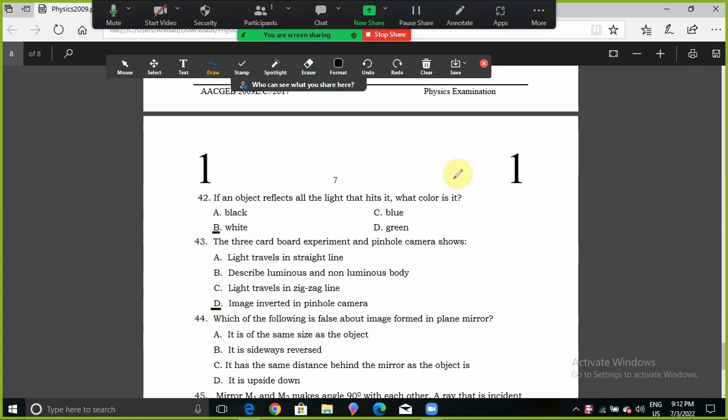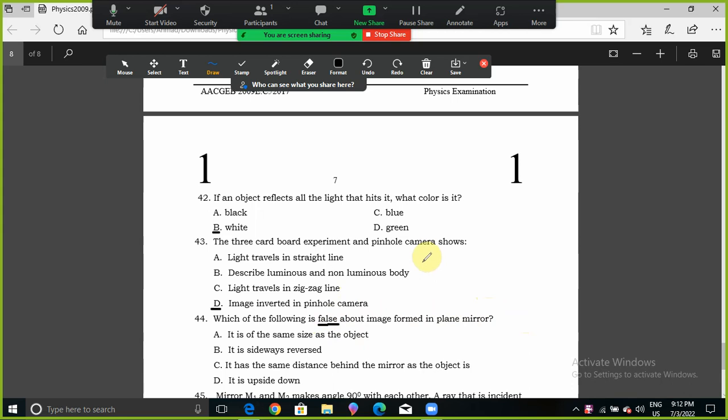Now in question number 44, which of the following is false about image forming in a plane mirror? It is of the same size as the object, or it is sideways reversed, or it has the same distance behind the mirror as the object is, or it is upside down. He said that's false, which means it's not correct about the plane mirror.